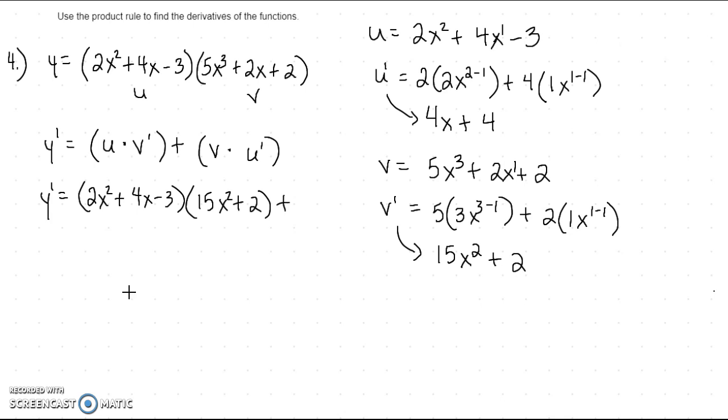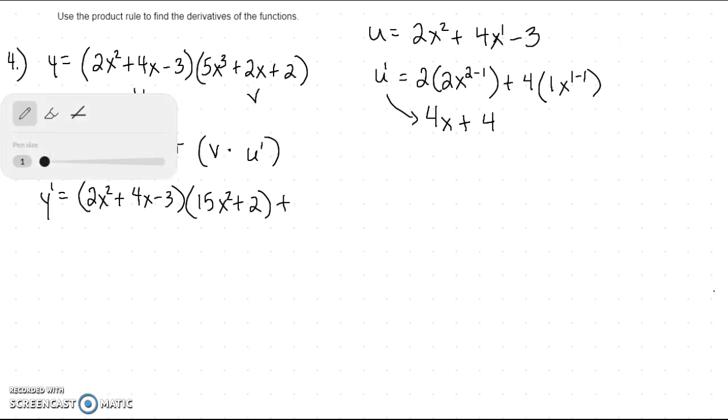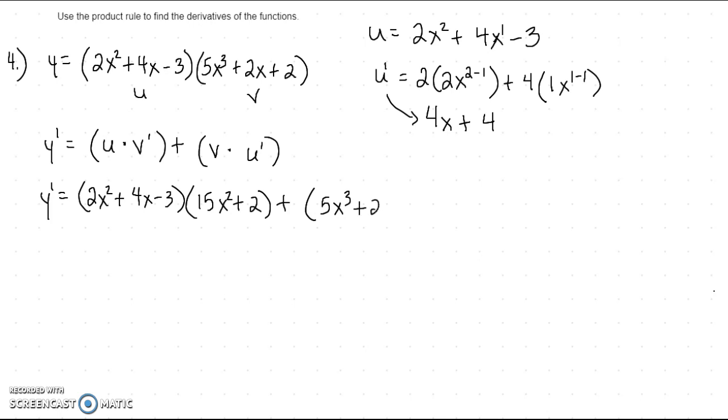And we're going to add that to what v was, which was 5x cubed plus 2x plus 2. And we're going to multiply that by the derivative of u, which came out to 4x plus 4.